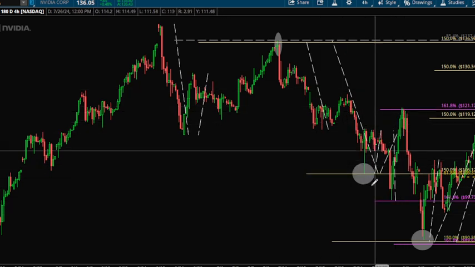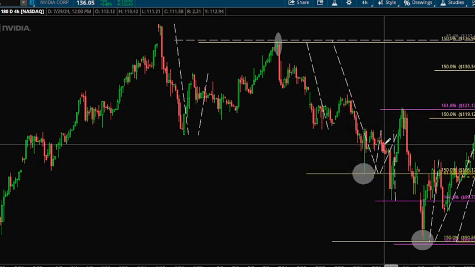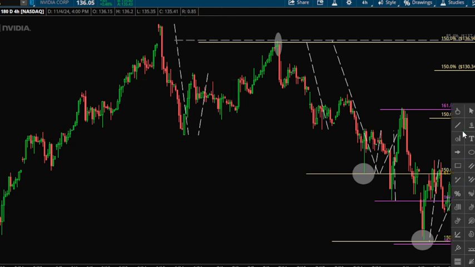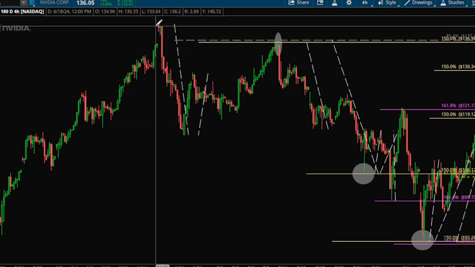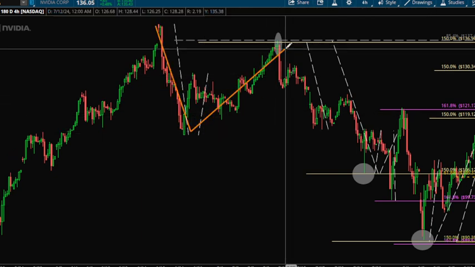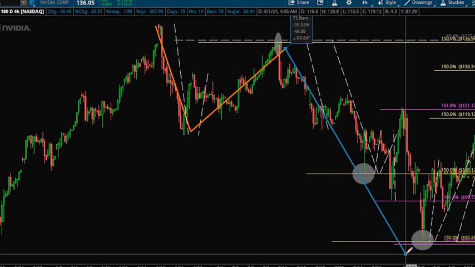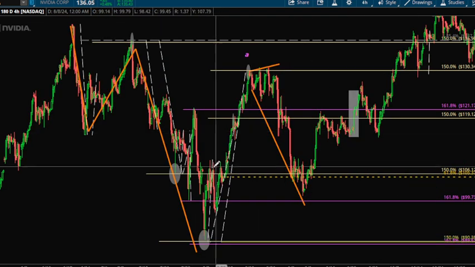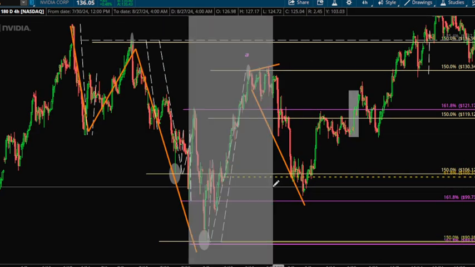So that gives me conviction that I'm counting these waves correctly. Okay, so now we've got an A, a B, and a C down. 3 waves. Now we're on this move here.